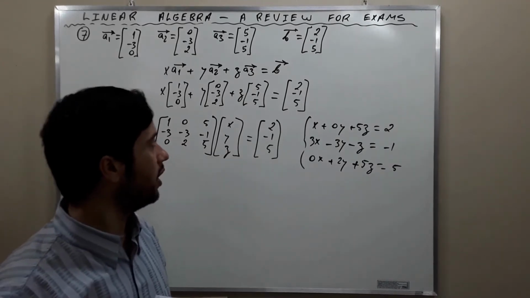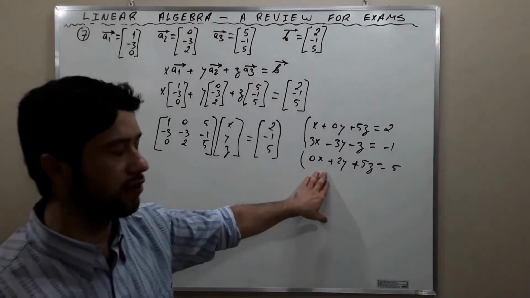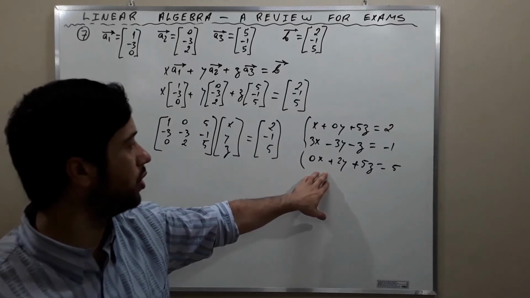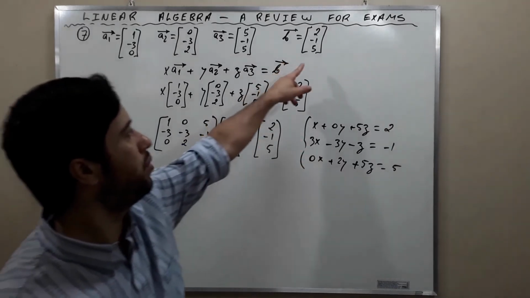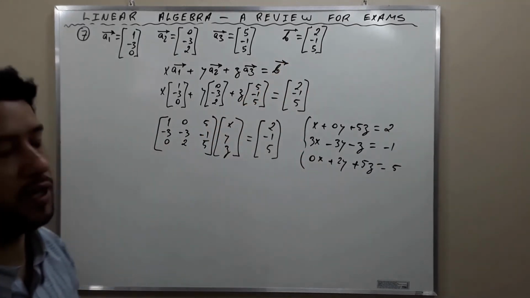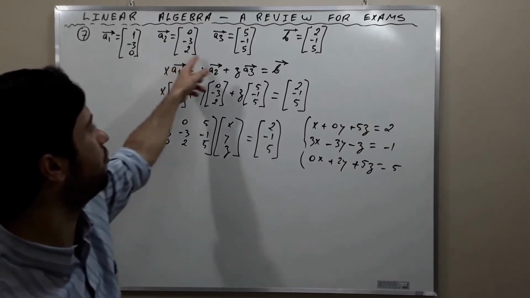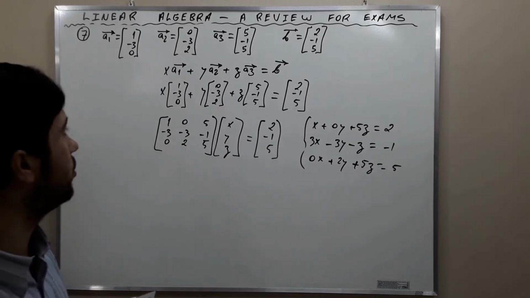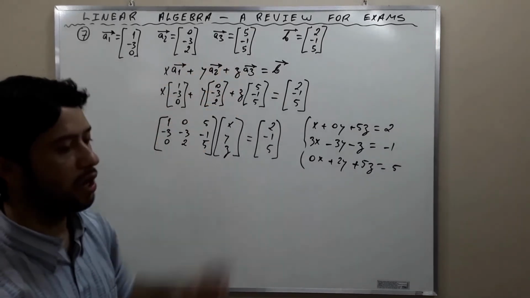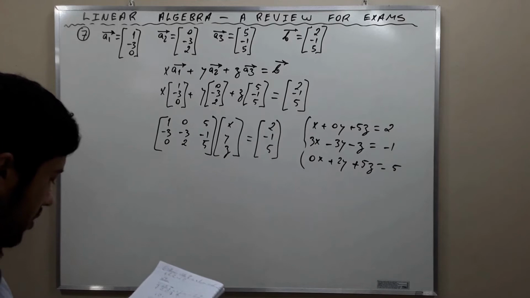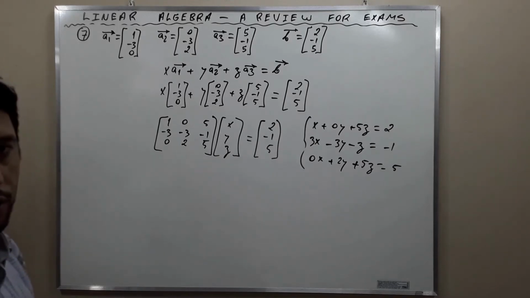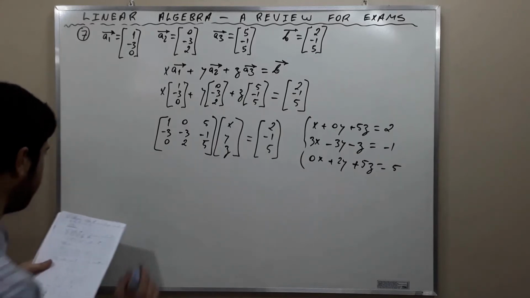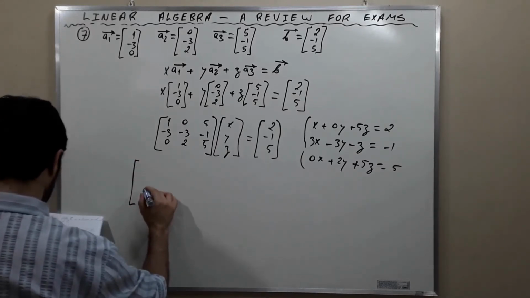Okay, and if this system is consistent, there is at least one solution, then indeed b can be written as a linear combination of these vectors. Otherwise, it cannot. b cannot be written as a linear combination of vectors a1, a2, and a3. We are going to use the augmented matrix to determine whether the system is consistent. The augmented matrix is shown here.